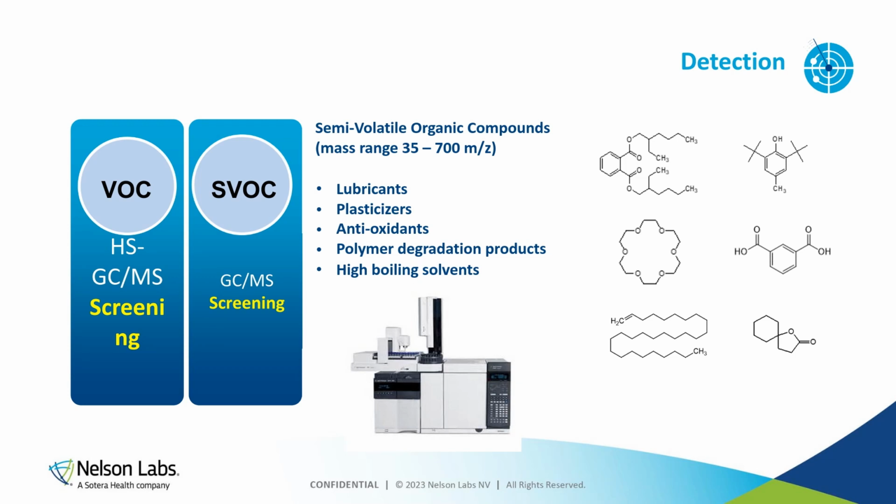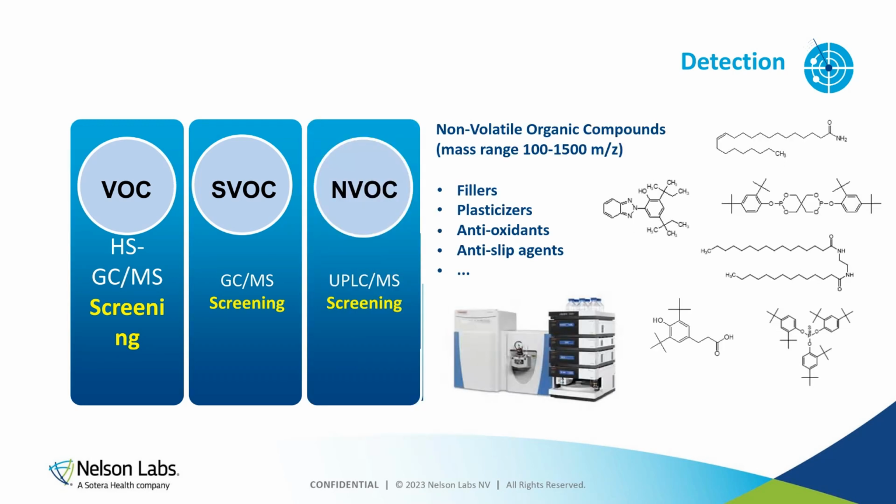The medium-sized molecules, the semi-volatiles, are analyzed with GCMS, gas chromatography with mass spectrometry detection. So typically here we screen for all kinds of lubricants, plasticizers, antioxidants, polymer degradation products, high boiling solvents, etc.